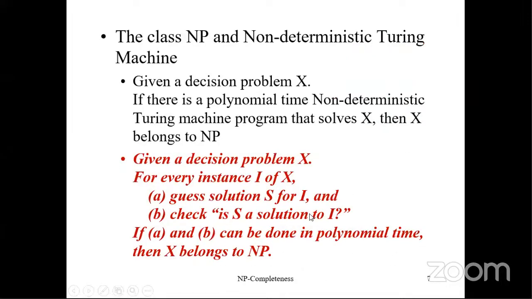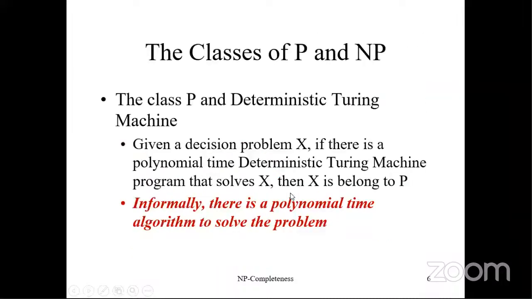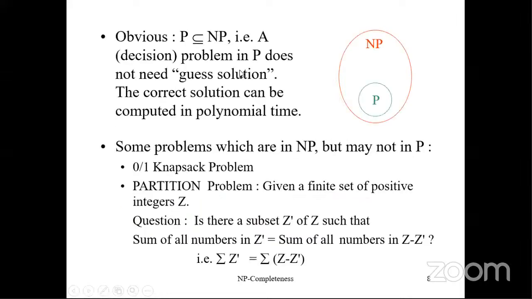Here, we said that if a problem is solved in polynomial time, it belongs to class P. So it means that class P here is a subset of the class NP. That is, a decision problem in P does not need a guess solution. The correct solution can be computed in polynomial time. So this is what we have here.